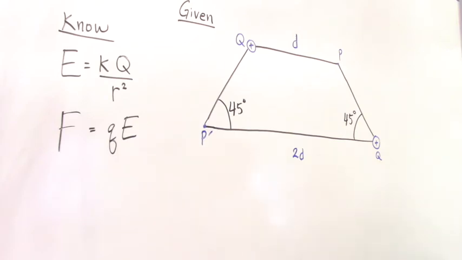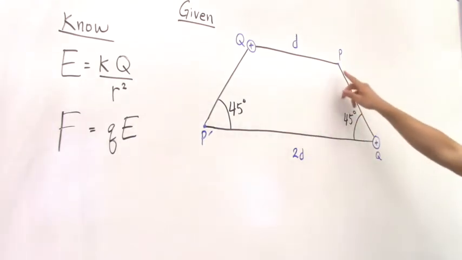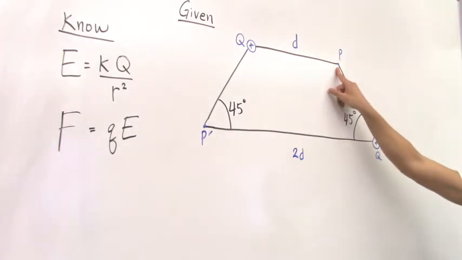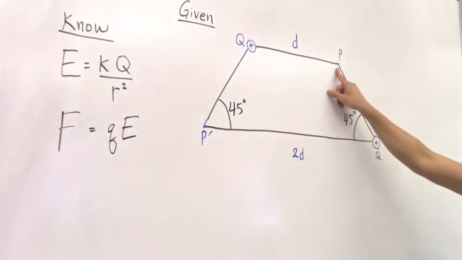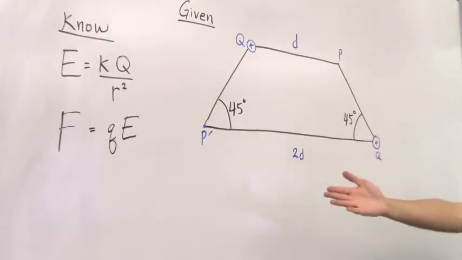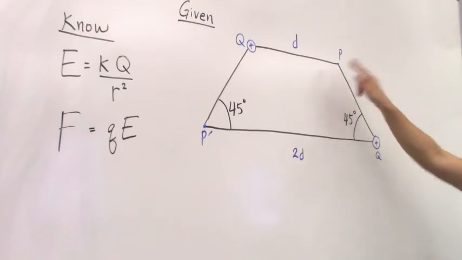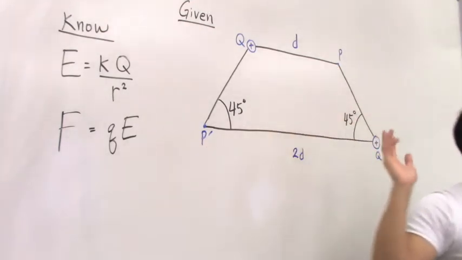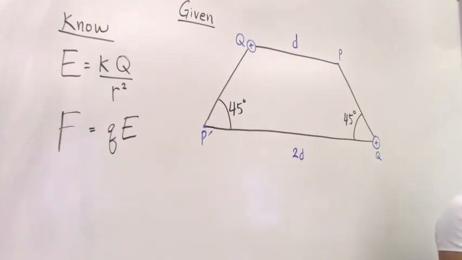We're talking about the force per charge at a point P. So at that point P, there is no charge there. But if we were to put a charge there, that's what the force per charge would be. Electric field. We'll find electric field at point P, and then we're going to find electric field at point P prime. We're going to show you that the electric field at those 2 points are actually different.